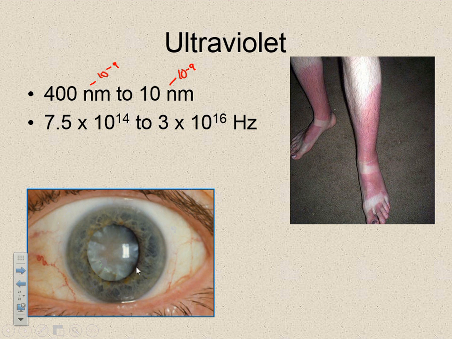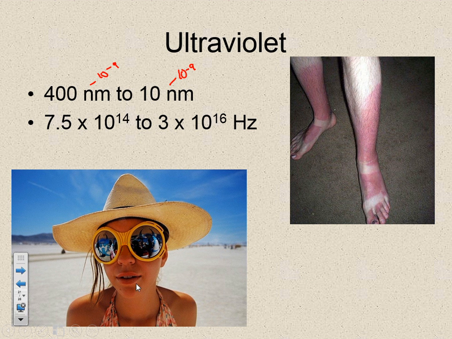And they have an operation where they can take that out and put in a new plastic lens for you. We also use sunglasses to prevent the UV light from coming through. So when you buy sunglasses, you should look for UVA and UVB protection. And that means it absorbs that light and it doesn't get through to your eyes, so you won't get cataracts.